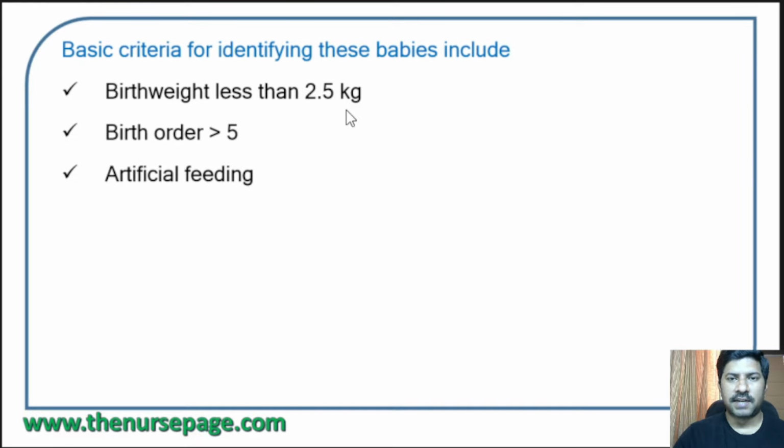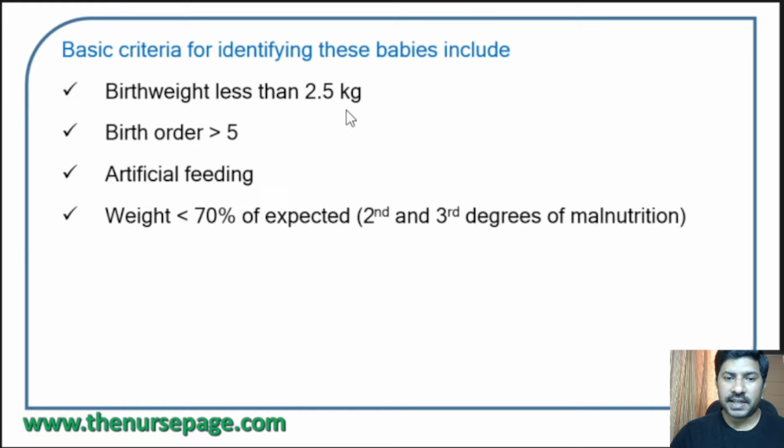Then artificial feeding. A baby receiving artificial feeding is also a high risk case, because the antibodies from the mother will not be available in artificial feeding. Antibodies come only from mother's breast milk, so only then will the baby be able to prevent infections.